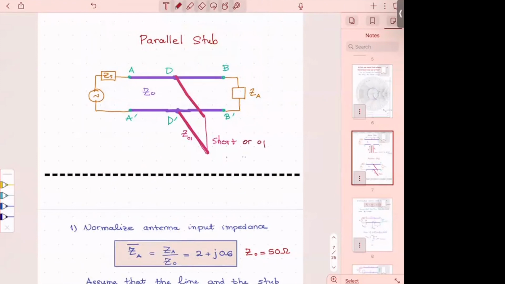All right, you have 4 possibilities, and usually what is going to tell you which one of them is the most accurate is your architecture. Theoretically, you have 4 possibilities when you add a stub: series or shunt, which is parallel, open or short. But practically, you're going to only use one.